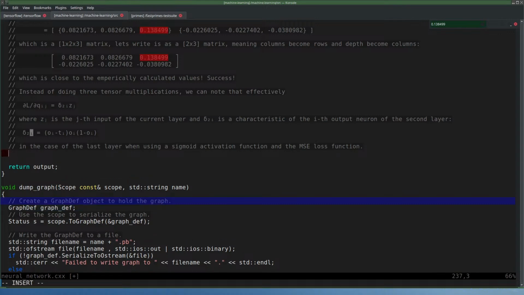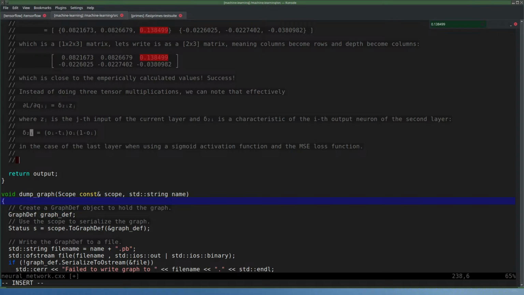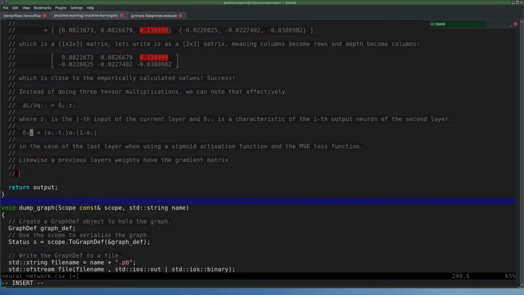Right, so now I'm going to make a leap. So likewise, a previous layer's weights give us or have the gradient matrix delta.